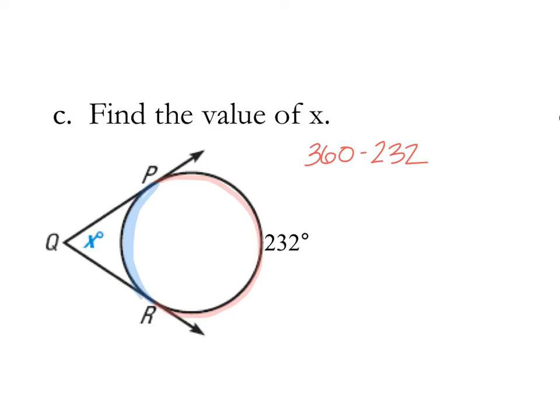So if you subtract the two, then you get what's left, which would be your blue arc. So I get 128.